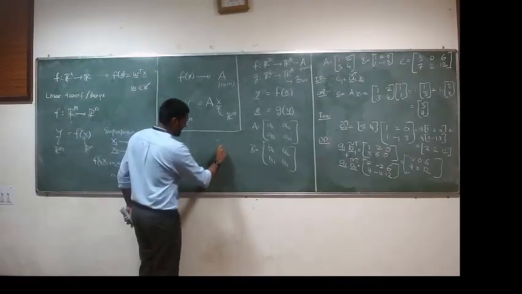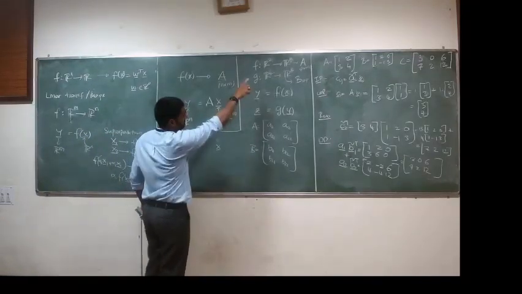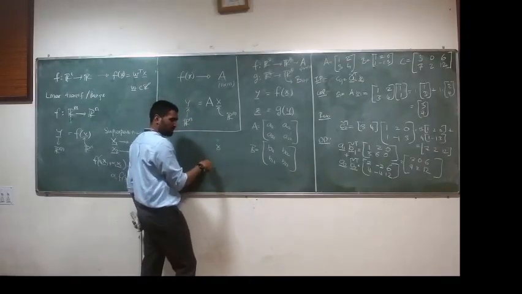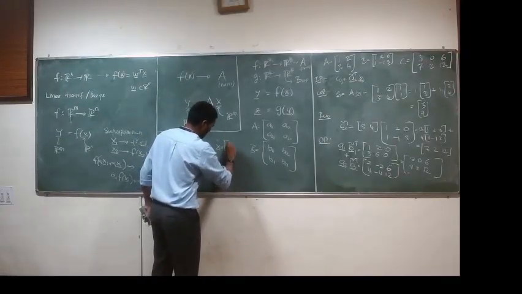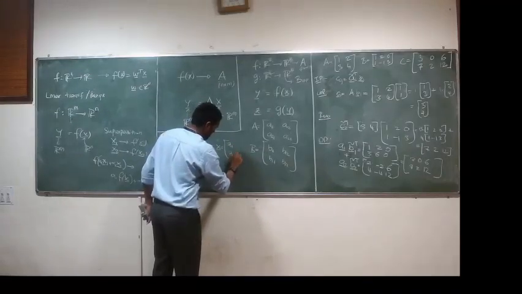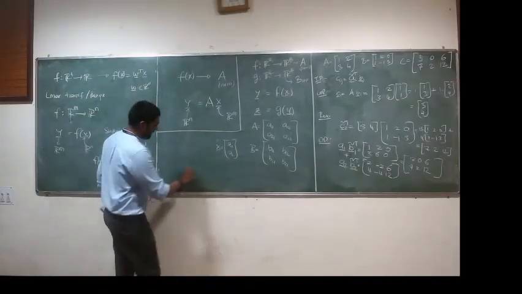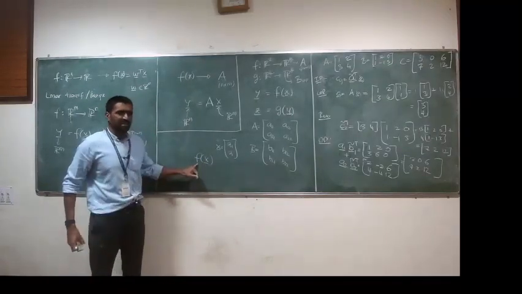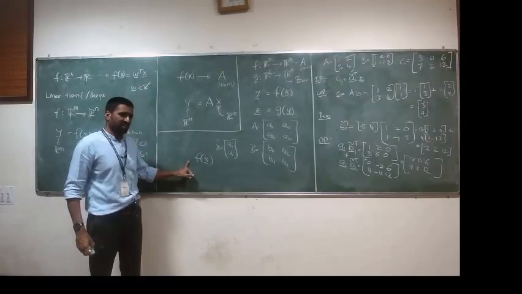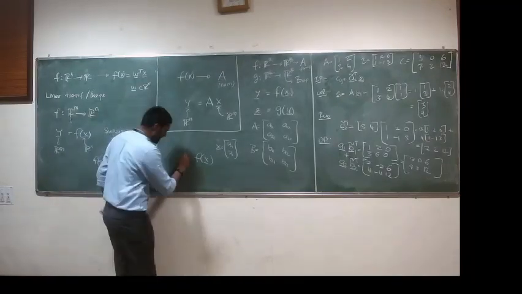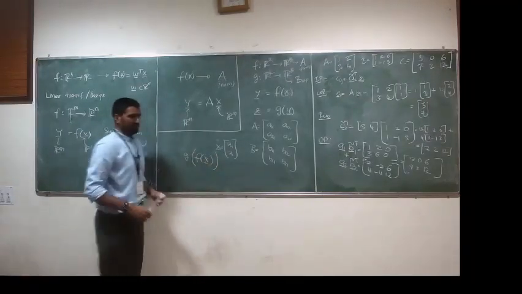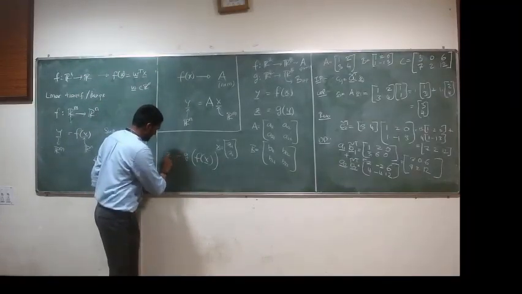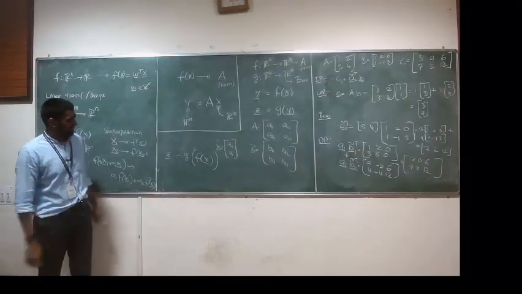Now I take a vector x, everything is R2, so no problem. I take a 2 cross 1 vector, x1, x2. I first pass it through f. It's a linear function, I get a vector in R2, and then I pass it through g, and then finally I get z. What will z be?